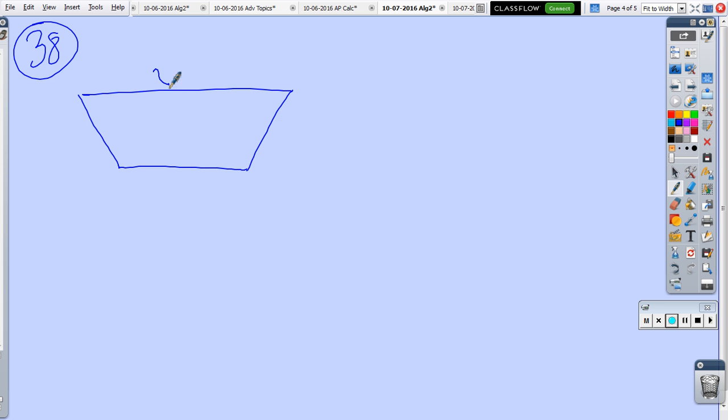And we have x plus 6 is this length here. And then down here, this length here is x plus 2. And then we have a height of x. And it tells us that the area is equal to 32.